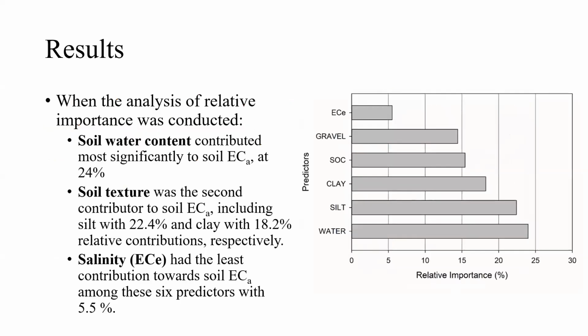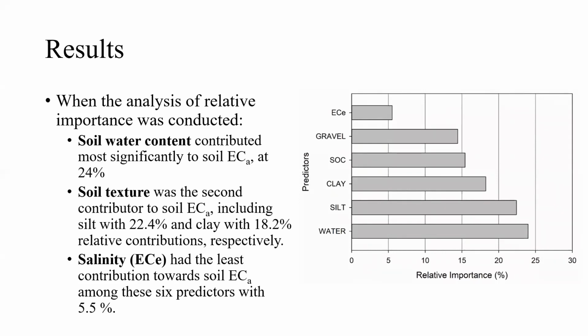And to investigate the relationship between ECa and soil water content with other soil characteristics included, when conducting the analysis of relative importance, we found that the soil water content contributed most significantly to soil ECa at about 24%, followed by the soil texture as the second contributor, including the silt with about 22% and the clay with about 18% relative contributions respectively.